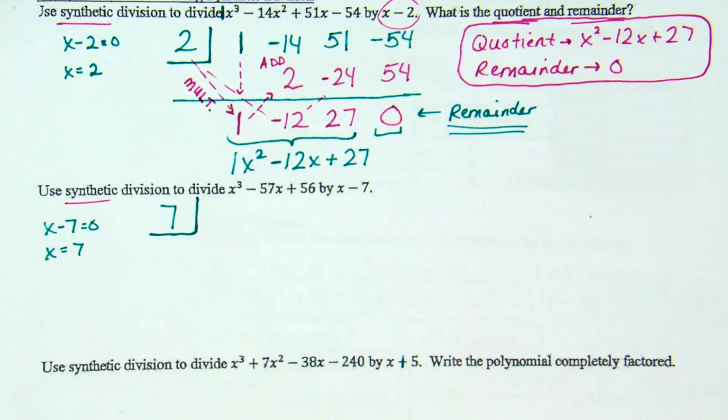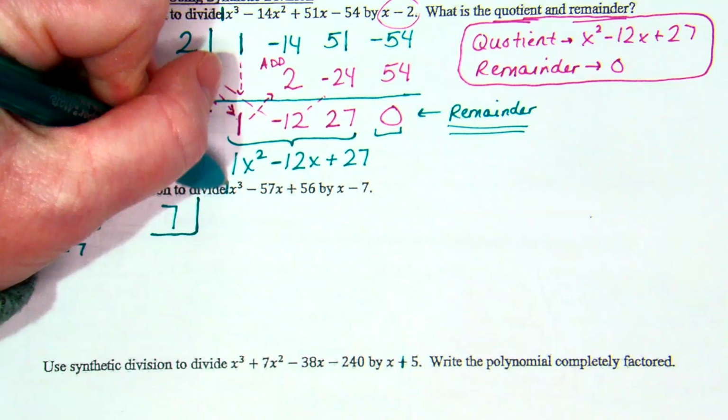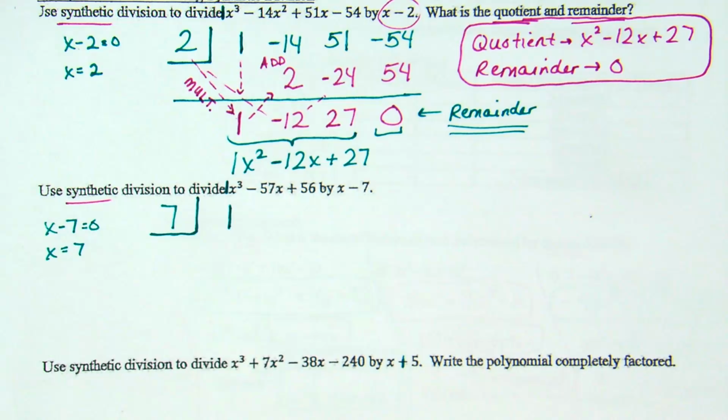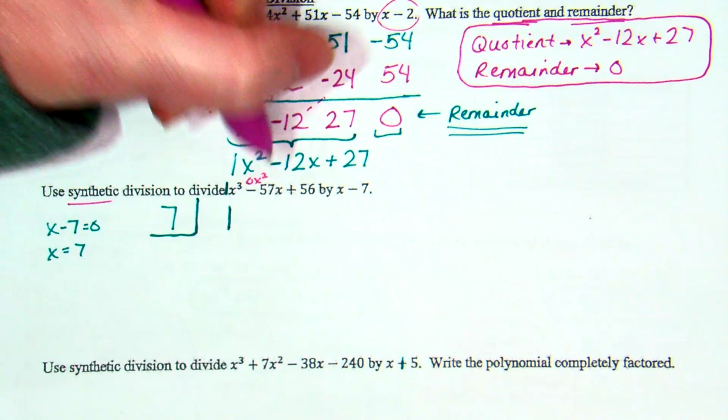Now, what's my highest power here? X cubed. What's the number in front of x cubed? 1. What comes next? After x cubed, what should come next? Officially, there should be an x squared there. Is there an x squared term in this problem?